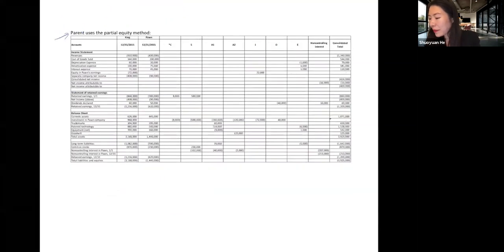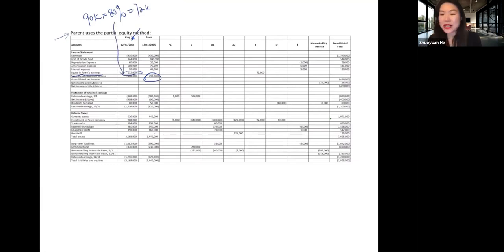And then if the parent is using the partial equity method, first of all, the parent book will be different. Here, the parent is going to recognize equity in subsidiary earnings. The subsidiary's earnings is 90,000, and the parent has 80% of that, so that's 72,000. We don't need to take out amortization here under the partial equity method.